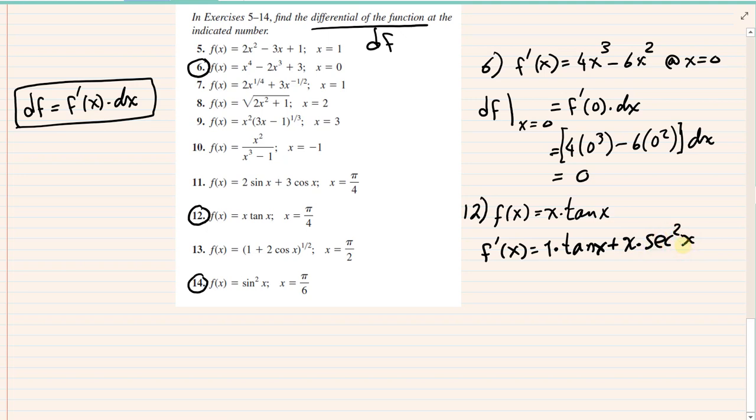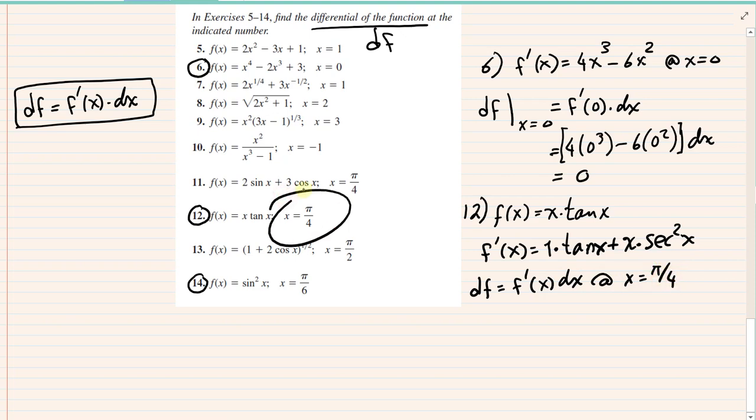Okay, and we cannot simplify this one, so I'm just going to go right to the differential of the function, which is f prime of x dx, and we want this at pi over 4.